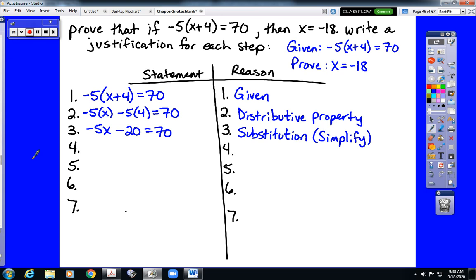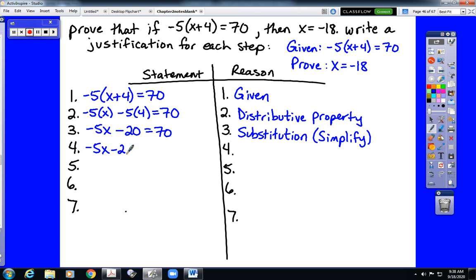Now, as a student that has taken this course or has been in an algebra class before this, because some of you are upperclassmen, you should know that the next step in solving this linear equation here in step 3 is that we should be adding 20 to each side.